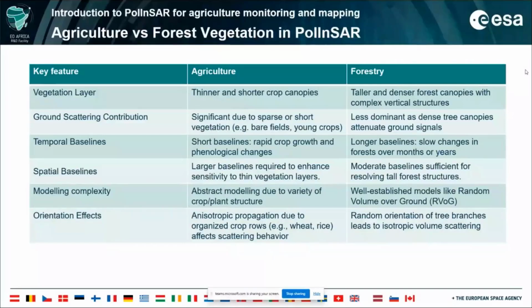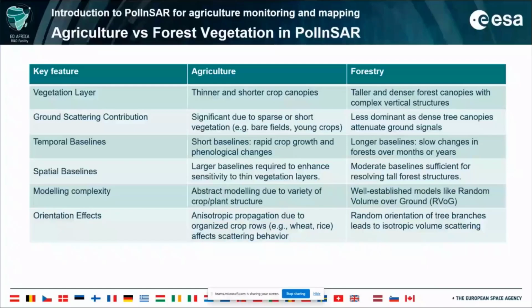First of all, the differences are in the canopy structure of the two land covers. Agricultural canopies are typically thinner and shorter, and these canopies are also often sparse or short, such as bare fields or young crops, and this makes them more sensitive to radar signals, especially when vegetation is sparse.